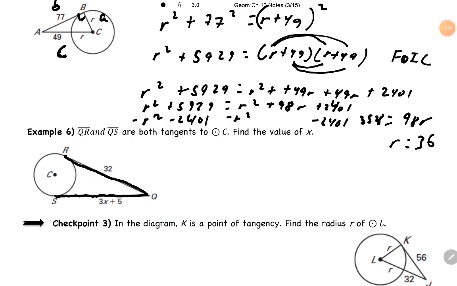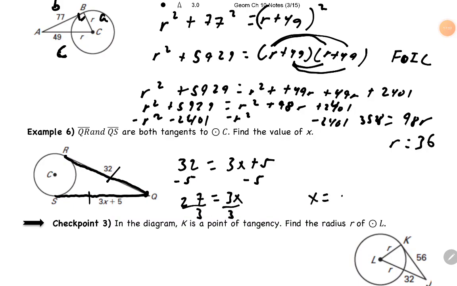So we have that theorem that says if they are both tangents and they're connected by the same point, then those segments are congruent. So the 32 is equal to 3x plus 5. So we're going to subtract 5 from both sides. 27 equals 3x. 3 times what number is 27? That is 9.